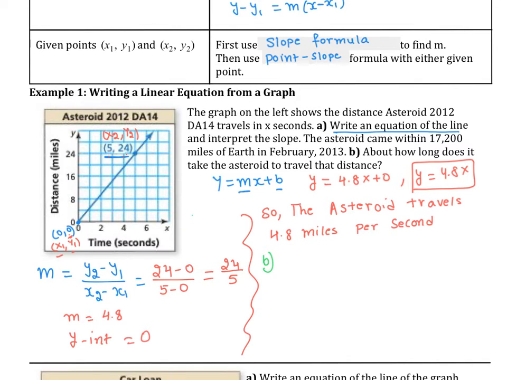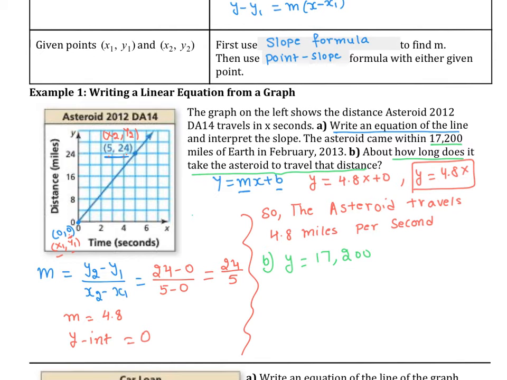Now for letter B, about how long does it take the asteroid to travel that distance? The distance is given to us as 17,200, so y equals 17,200.